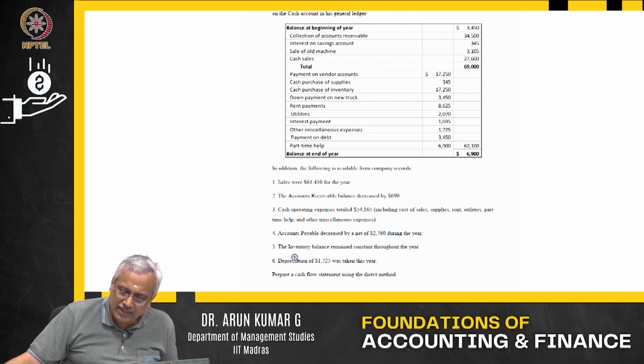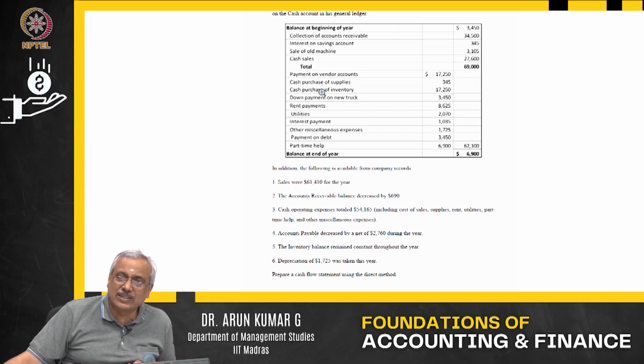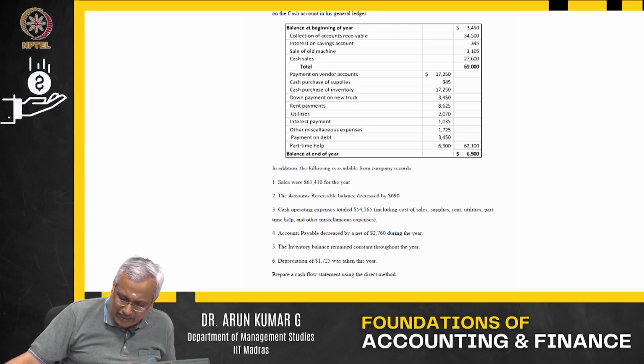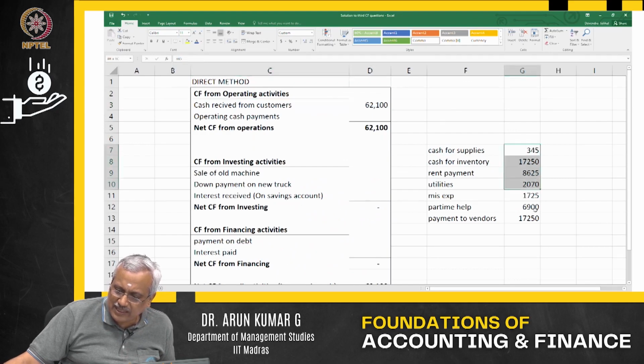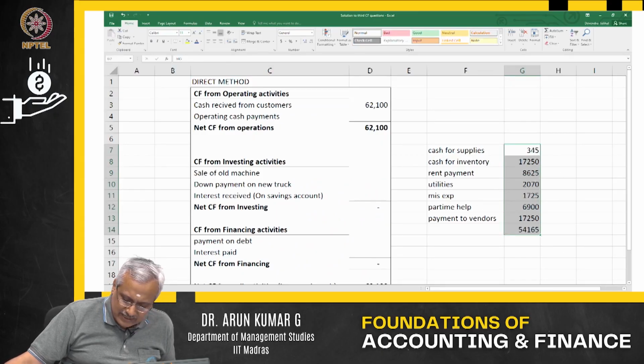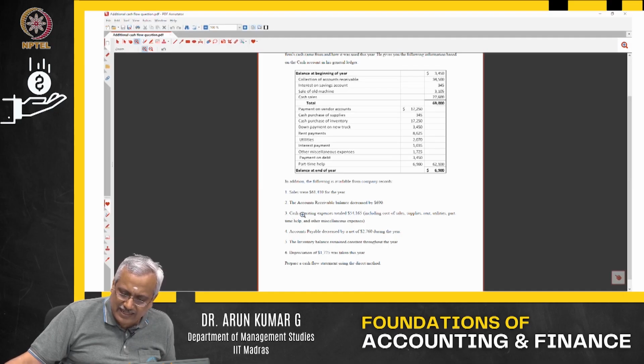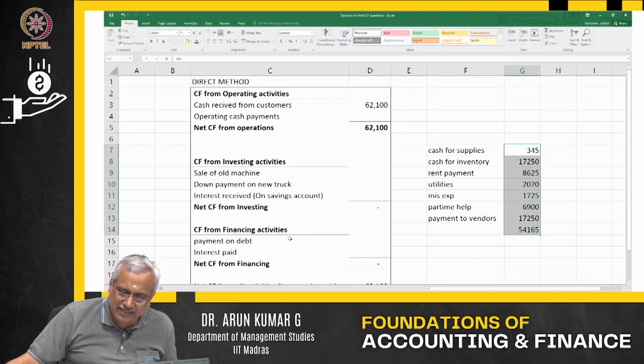Inventory balance remained constant throughout the year, so we are not worried. Depreciation was so much, but we are not worried because we are not preparing the P&L, we are preparing a cash flow statement. Let us look at the total: 54,165, and you can see the cash operating balances total 54,165. We have got exactly the same figure.